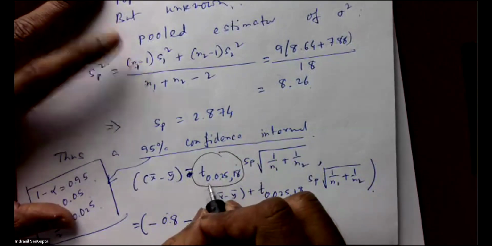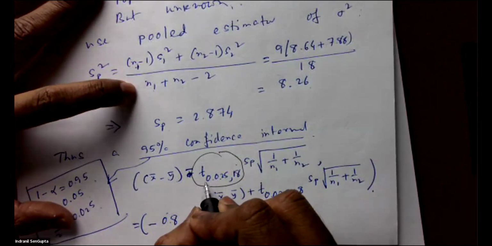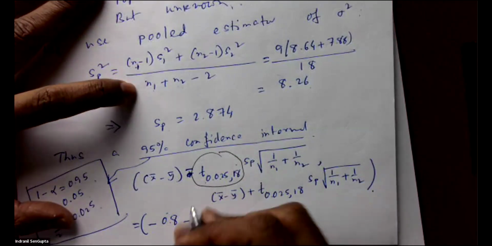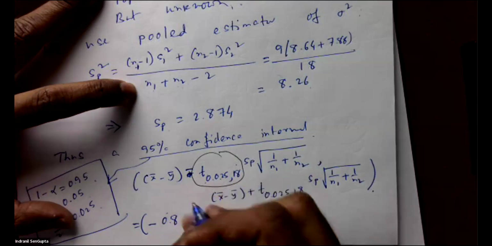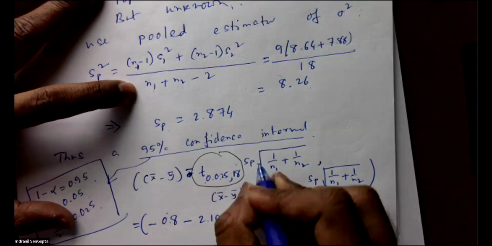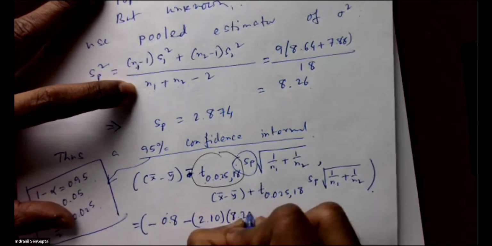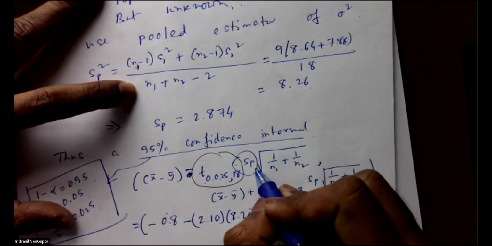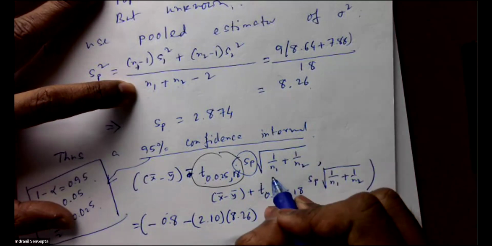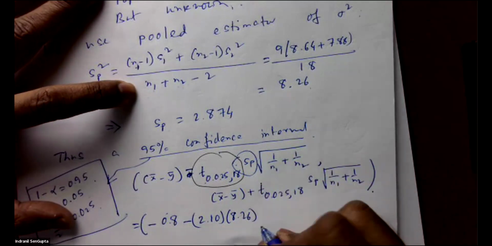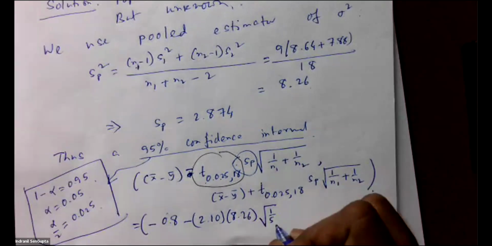This number is the t value, and you can check that it is 2.10. sp we found to be 2.874, and this quantity is 1 over 10 plus 1 over 10, so the square root of 1 over 5.